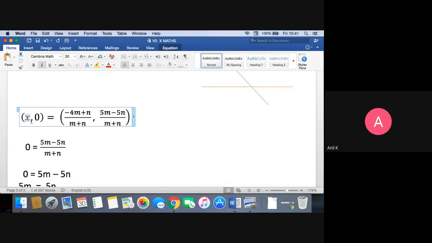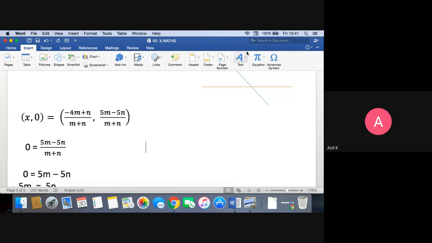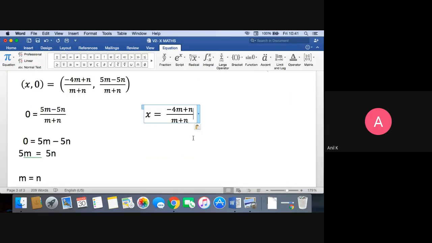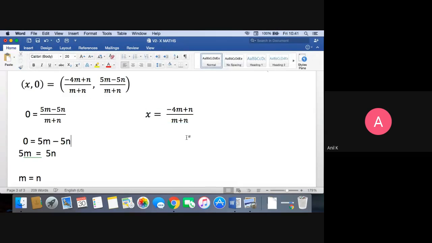How do you know the x value? Let me take x equals this fraction, because the corresponding values will be equal. So x must also equal minus 4m plus n upon m plus n.